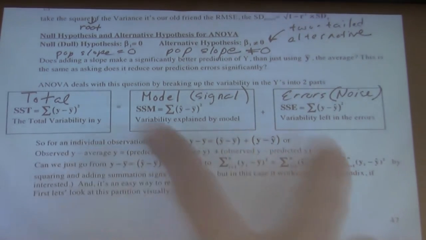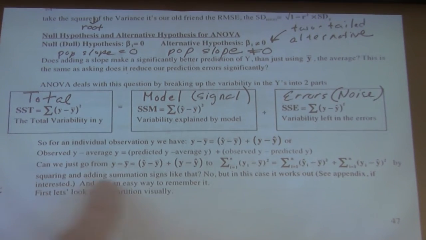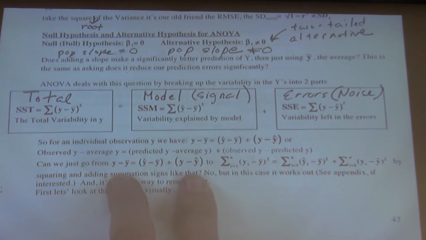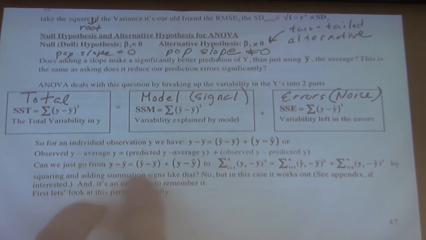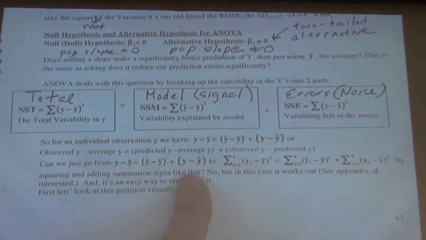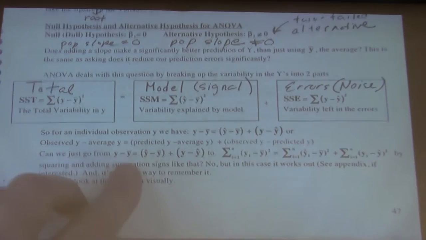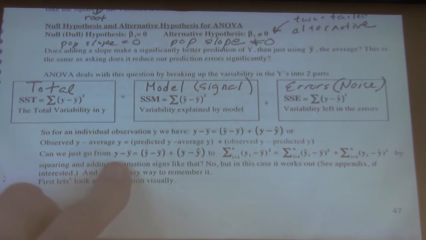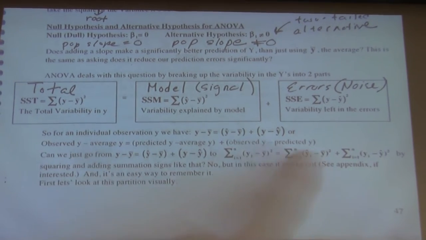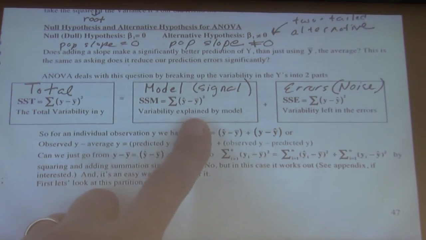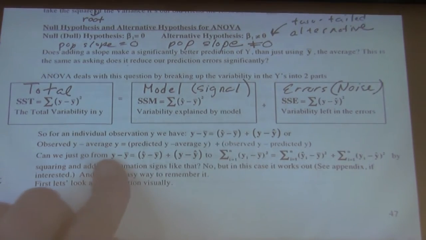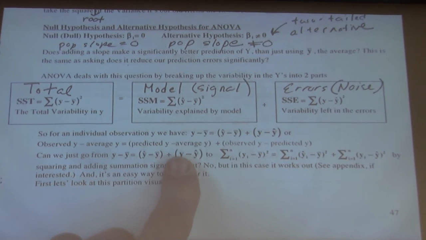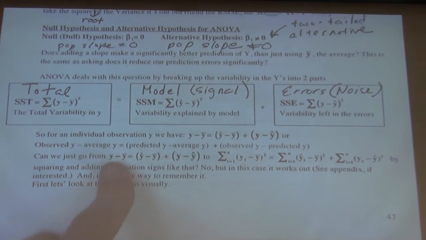So the question is, can we go from this, which is just a tautology, it has to be true, like C equals A plus B, to C squared equals A squared plus B squared? That's only going to be true if you have basically a right triangle, the Pythagorean theorem.